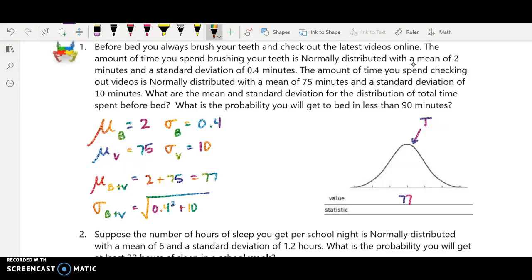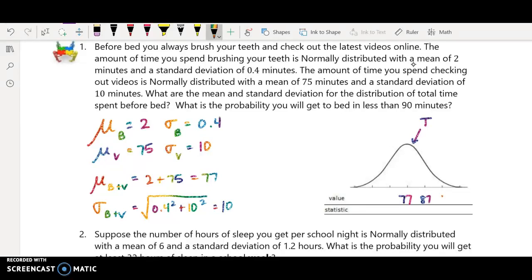Then for the standard deviation, when we work this out, we find it's approximately 10. So each standard deviation on this distribution is 10 minutes away.